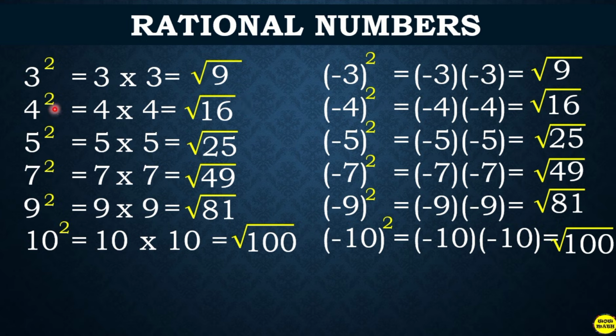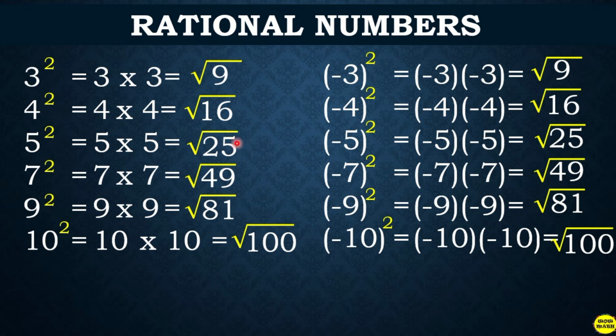So, ulitin ko po, kapag kinuha natin ang square root ng mga numbers na to, like 9, 16, 25, 49, 81, and 100, ang pwede nating maging sagot ay positive 3 or negative 3, positive 4 or negative 4, and so on. Bakit? Kasi kagaya nga ng pinakita ko dito, when we are multiplying the negative integer by itself, the result is still positive. Okay? So, ang square root niya, pwedeng positive, pwedeng negative.